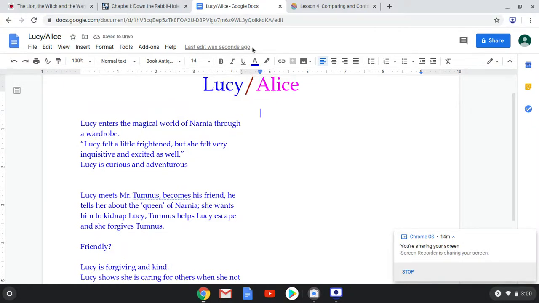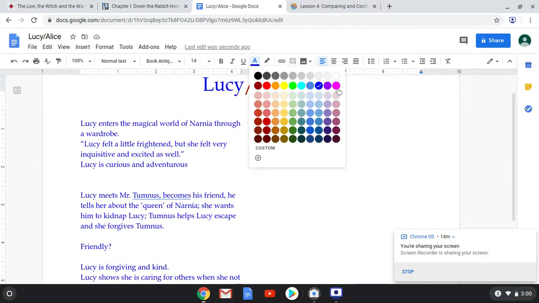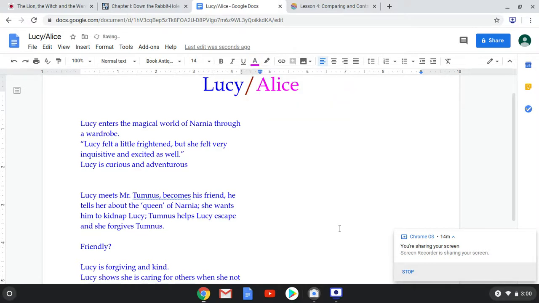And I like to have Alice in pink. So Alice follows a talking rabbit down a long, almost endless rabbit hole. Oh, and why did she do that?